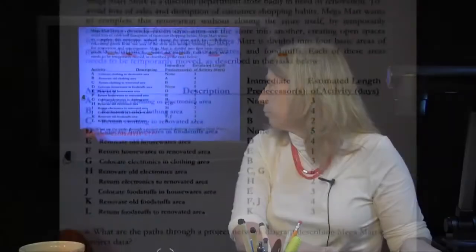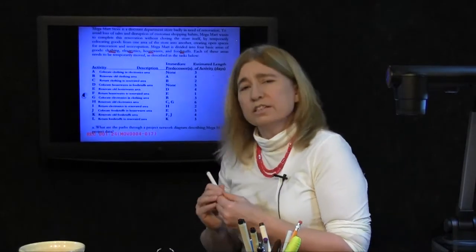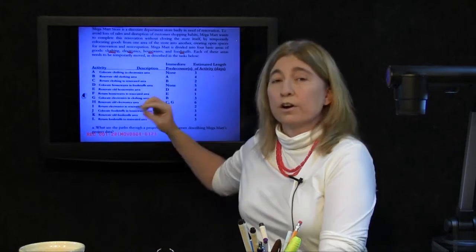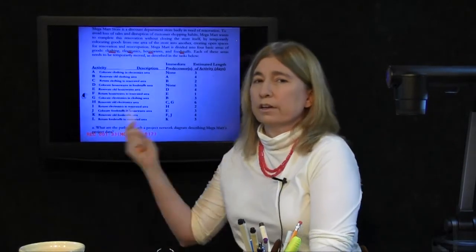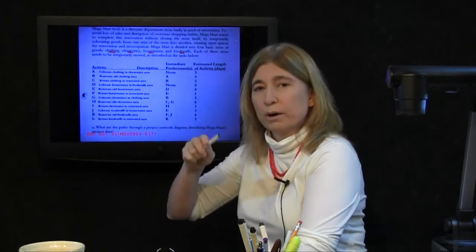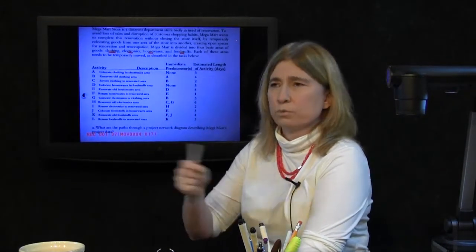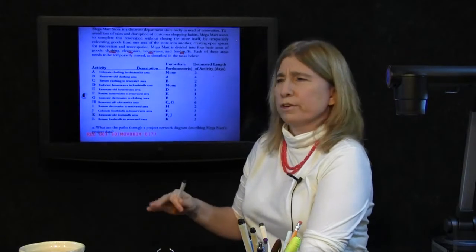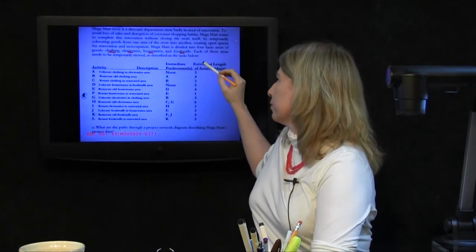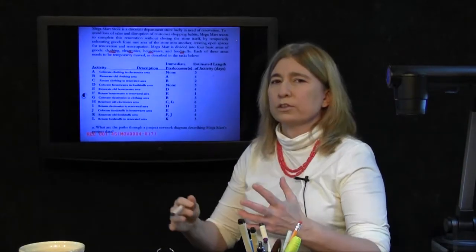Now, let's take a look at this. This is a CPM problem, right? There's a set of tasks and they're abbreviated A through L. That looks pretty familiar to us. There's descriptions because these tasks do represent specific tasks within this renovation project, but then there's the same old precedence relationship and the same old task lengths.